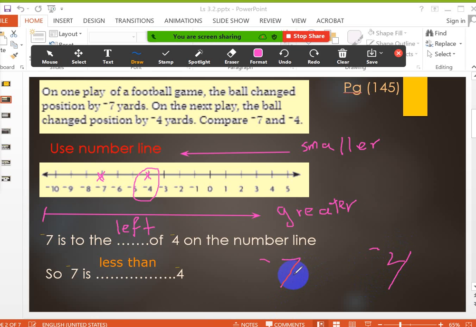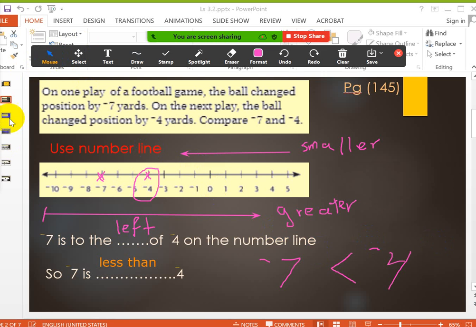That means -7 is smaller or less than -4, and -4 is the greater number. Okay, girls? This is how I will compare between two negative integers.